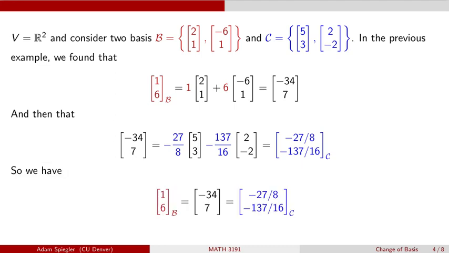So we've just found 3 different ways of expressing the same vector in R2. We normally would think about that vector in terms of minus 34, 7. We'll see that there will be instances where it might be more convenient to work with a non-standard basis, and then it's going to be useful to know what linear combination of those non-standard basis vectors we need in order to get back this vector minus 34, 7 that we have in the standard basis.